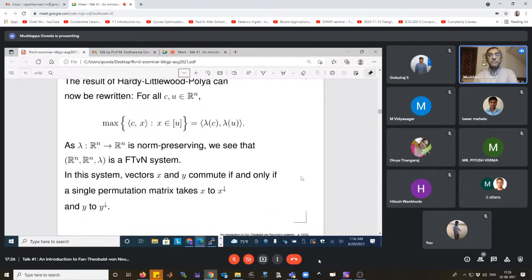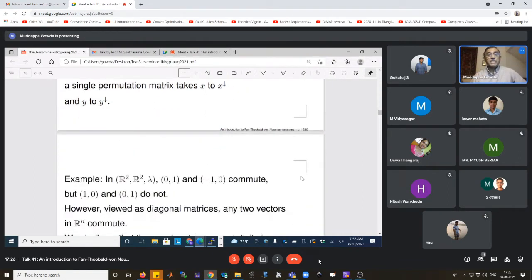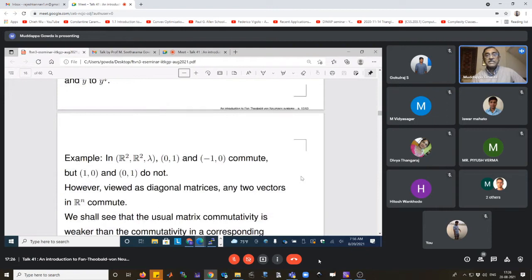Now in this system, vectors x and y commute if and only if a single permutation matrix takes x to x down arrow and y to y down arrow. Now what is interesting is, this is not the same as two things commuting in the ordinary sense.